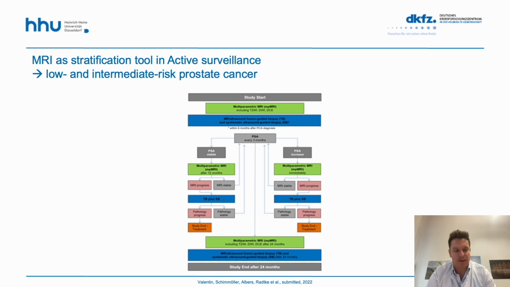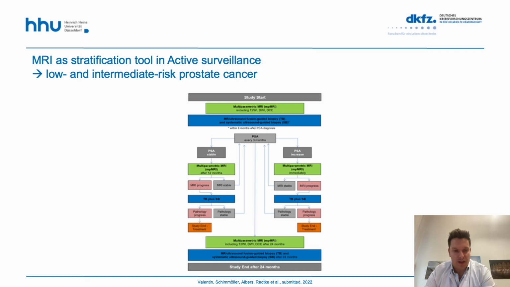This information led us to a study that we perform at the University Hospital of Düsseldorf, the PROMAS study. The PROMAS study includes men with low and favorable intermediate risk prostate cancer, and stratifies follow-up biopsies by MRI, meaning that if an MRI at follow-up is stable, the patient forgoes follow-up biopsy for up to 2 years.